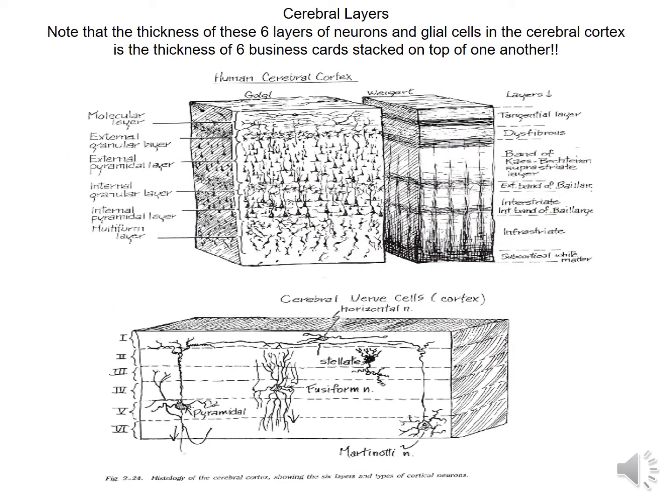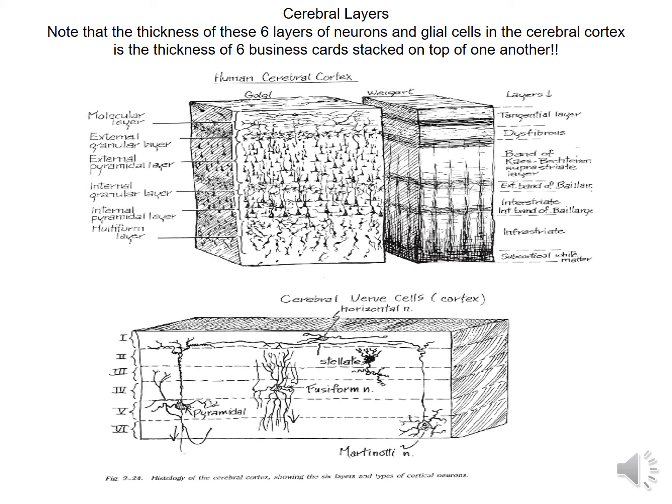This is similar to what we saw in the video on the connectome. It's the layers of cerebral cortex that they were trying to reproduce in the laboratory. One thing that's interesting about the slide is to imagine that this whole thing is about the thickness of 6 business cards stacked on top of each other.